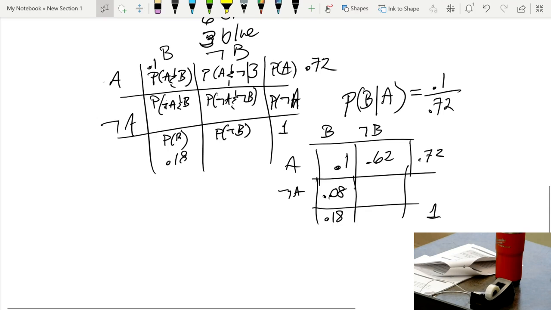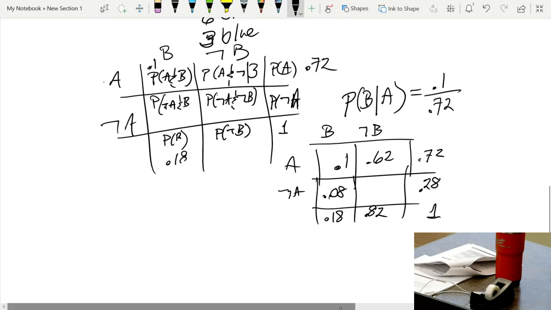So what's the probability of not B? This is the probability of B. The probability of not B is that plus that has to equal 1. So this is 0.82. 0.72 plus this has to add to 1. I think that's 0.28. And the probability of not B and not A, I can get going 2 directions. Hopefully it adds up.